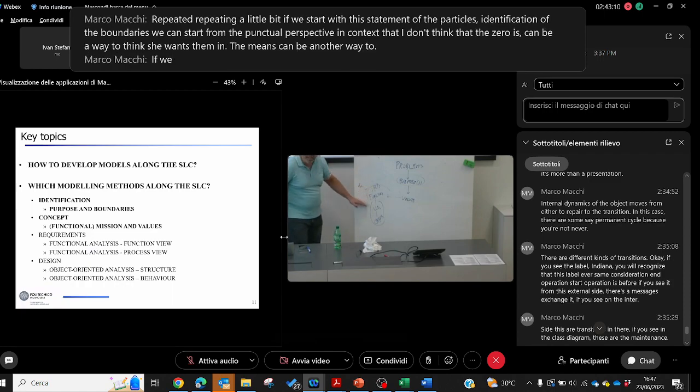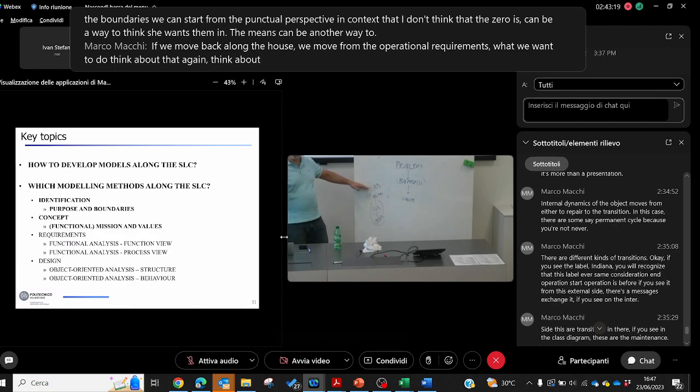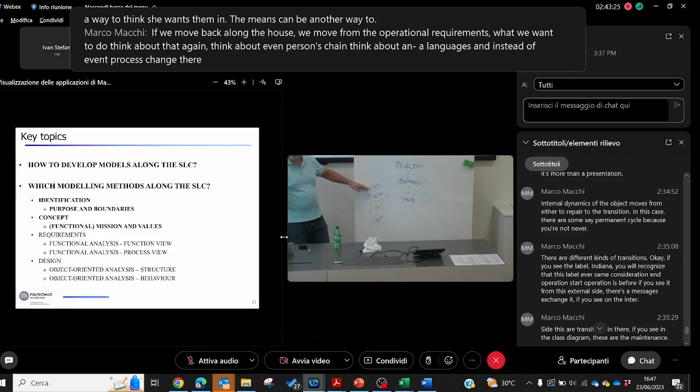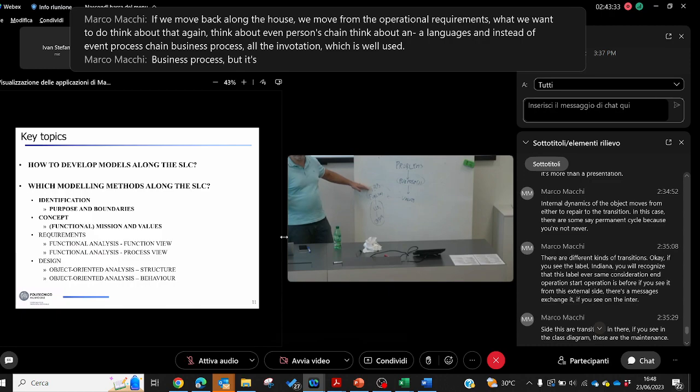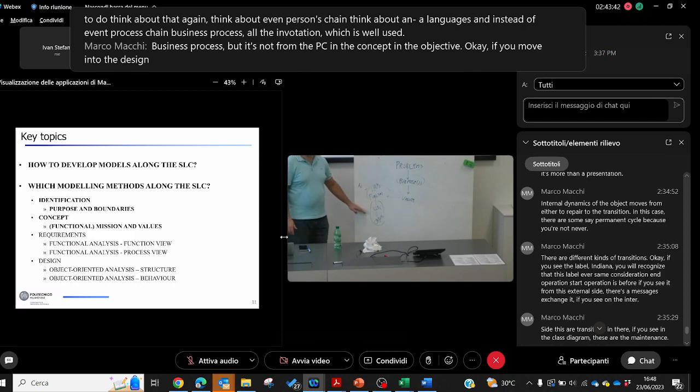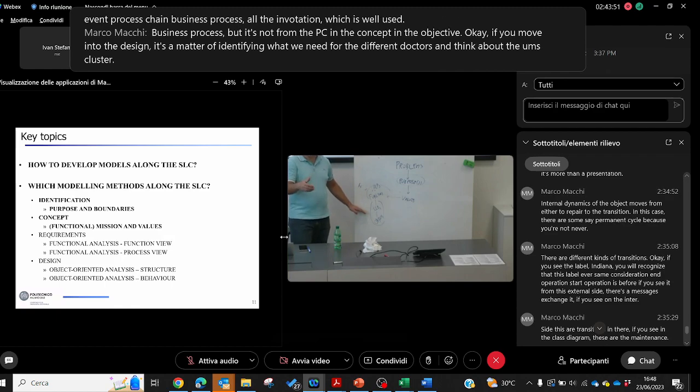If we move along the how, we move from operational requirements, what we want to do, think about IDEF0 again, think about the event process chain, think about other languages. Instead of the event process chain, there is BPMN, business process modeling notation, which is widely used in business processes. But it's not different from EPC in the concept, in the objective. If you move into the design, it's a matter of identifying what we need from the different objects. Think about the UML cluster. Think about the next step we discussed.